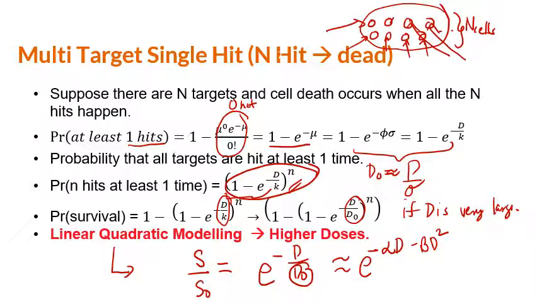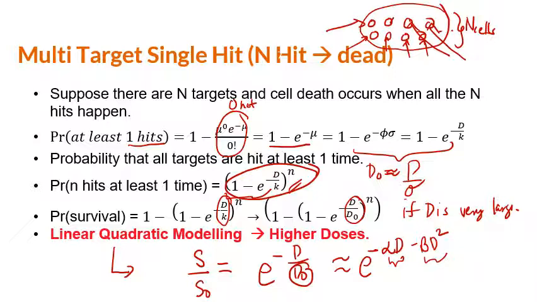So your model is now not a simple linear model na negative alpha d lang sa exponential ng probability, but meron ka pang d squared na term. So yun yung linear quadratic modeling for higher doses.